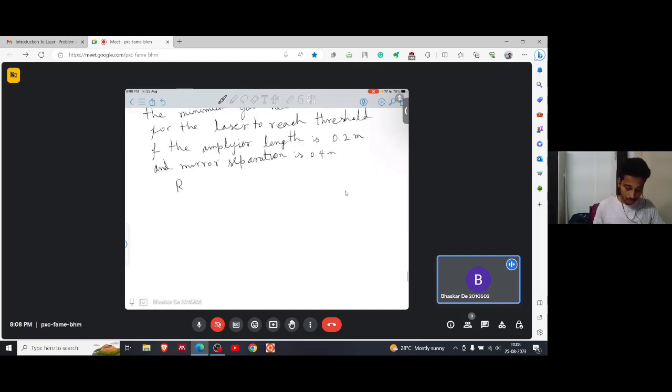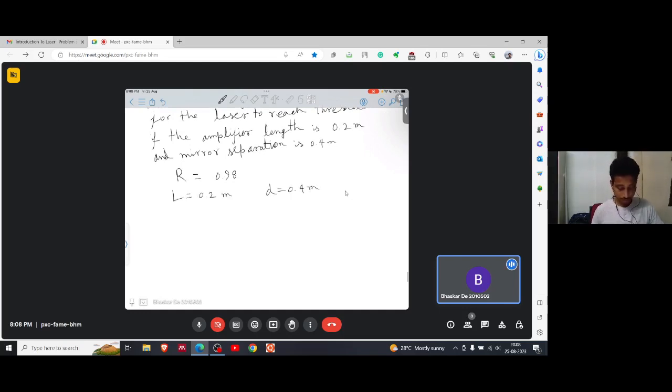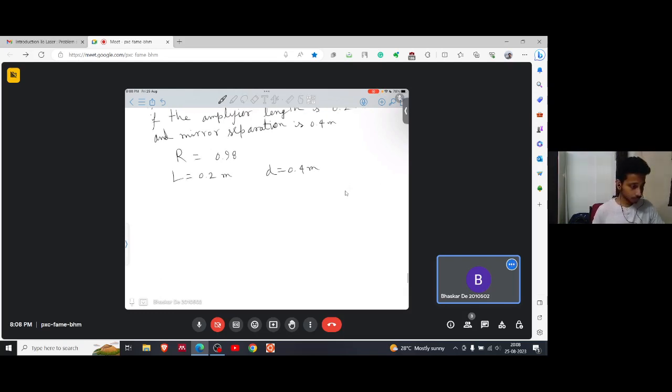So let's start with this. R equal to 0.98, the reflectivity, L equal to 0.2 meter and D equal to 0.4. So g_th equal to 1 by 2L ln.